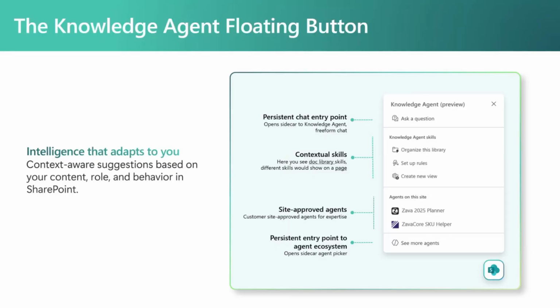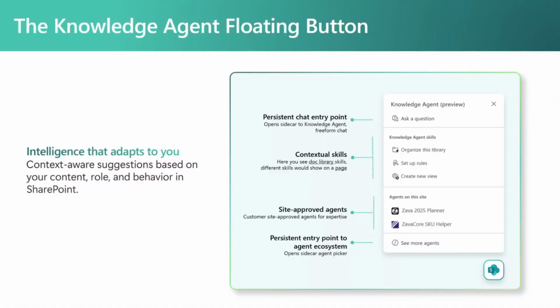You can see there on the right-hand side, there are some persistent elements of the floating button that you can always expect, like an interface to get into the natural language chat, and also contextual actions or skills in the middle. Here is an example of what the floating button would look like in a document library.